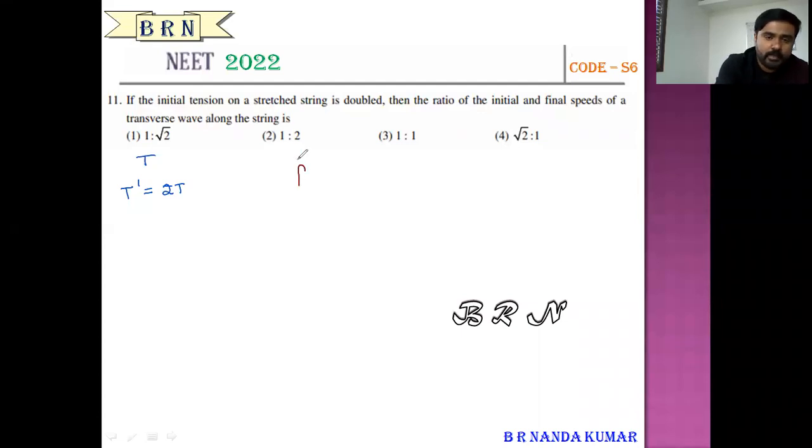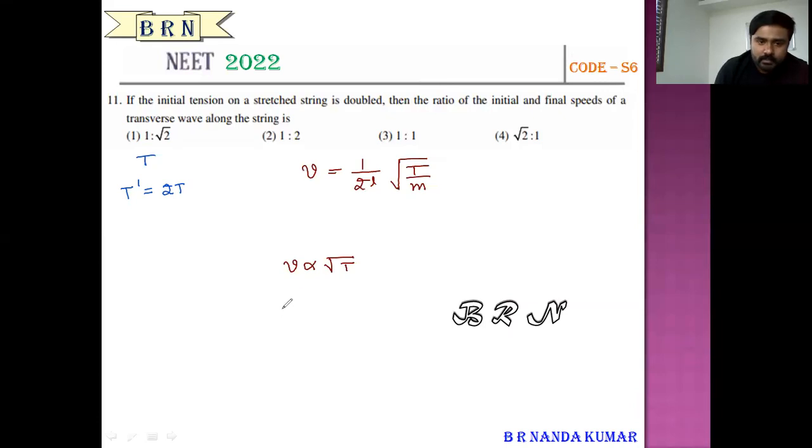The speed v is equal to 1 divided by 2L root T divided by m, where m is the mass per unit length of the stretched string and L is the length of the string. Here only the tension changes. Speed depends on tension; it is directly proportional to the square root of tension, right?